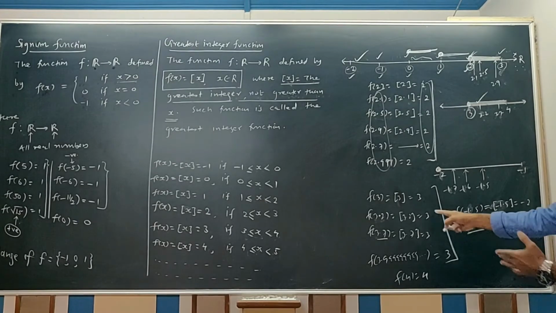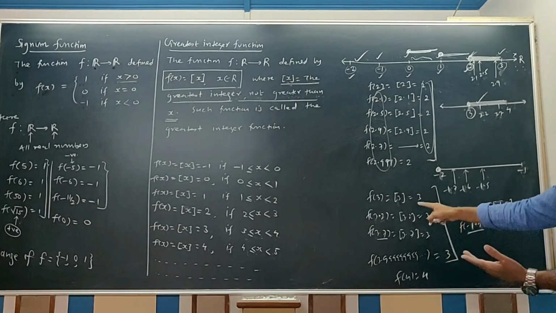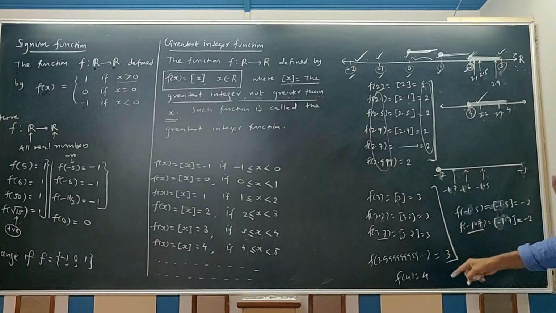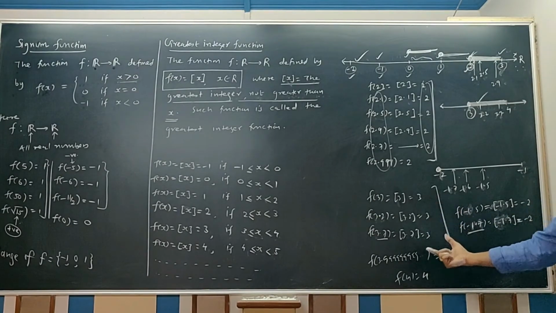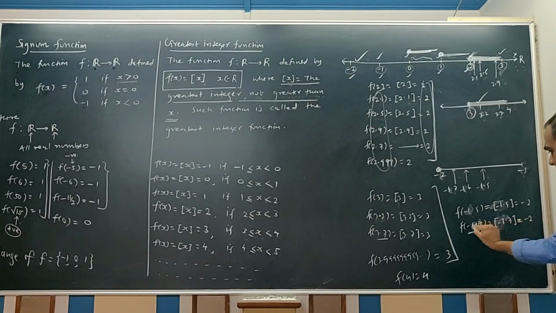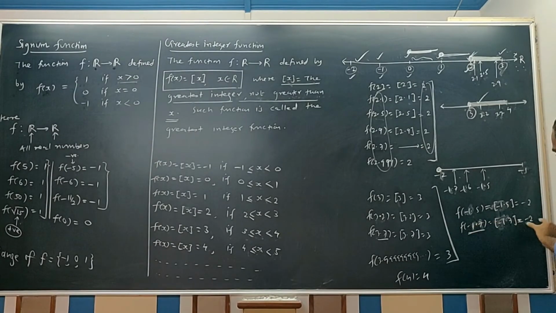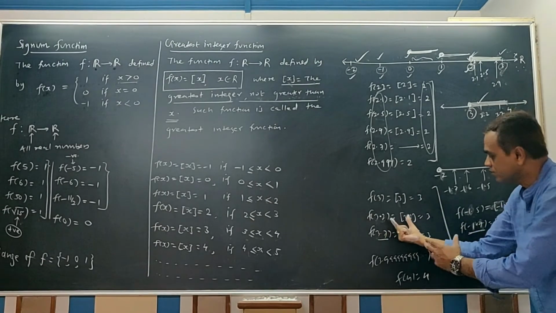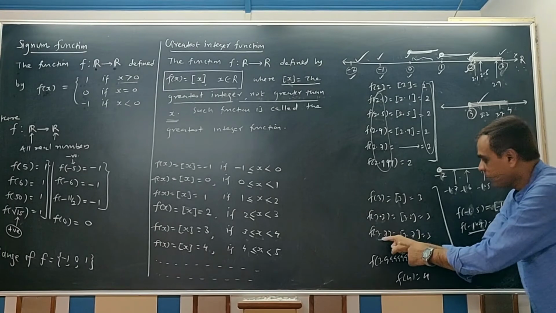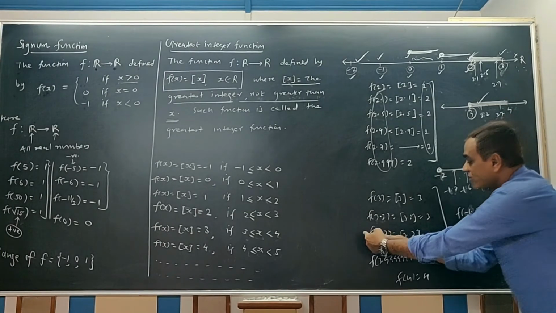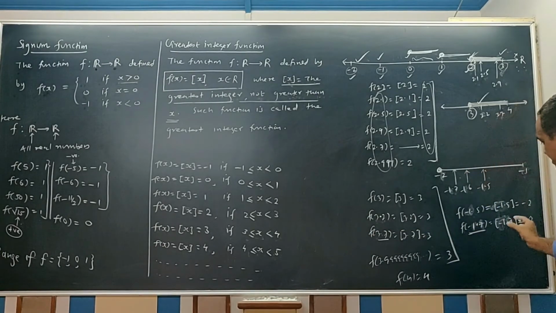This is not similar to this pattern, so you do not memorize it this way. For positive numbers, you can memorize like that: the output is the number on the left of the decimal point. But here the same is not true.